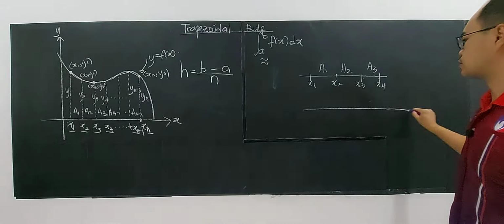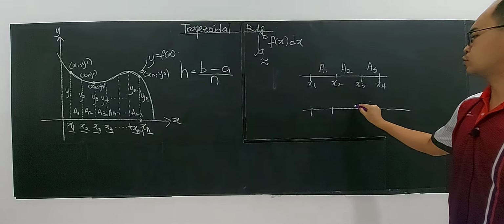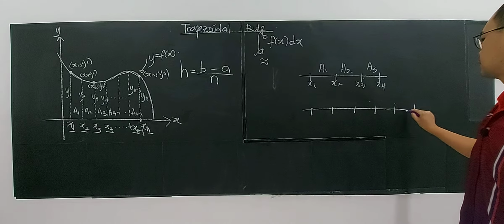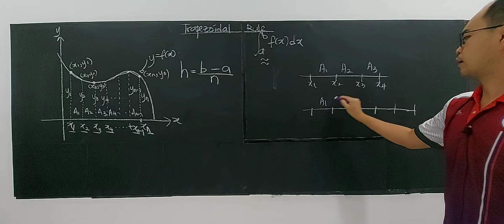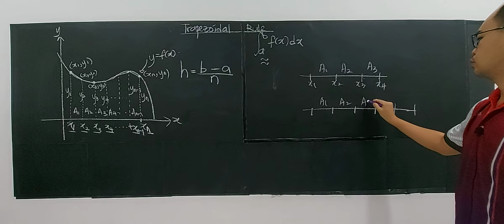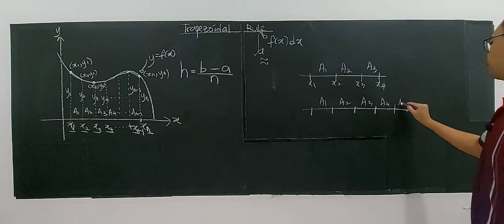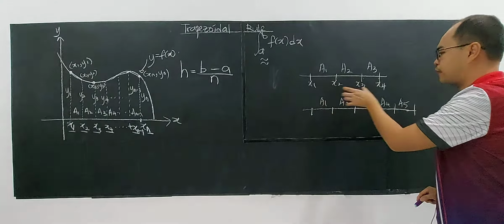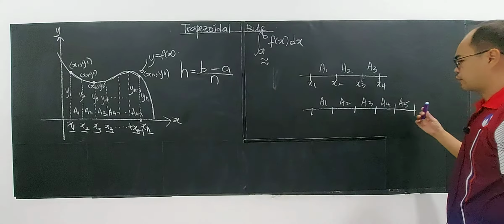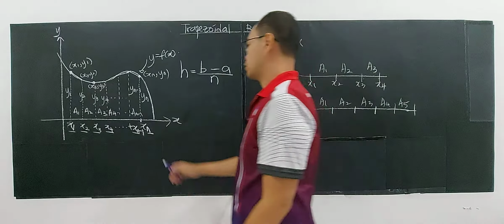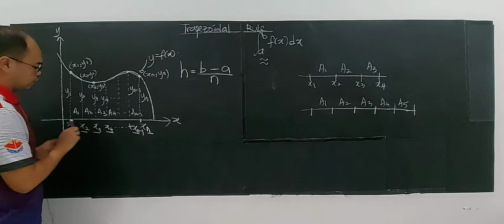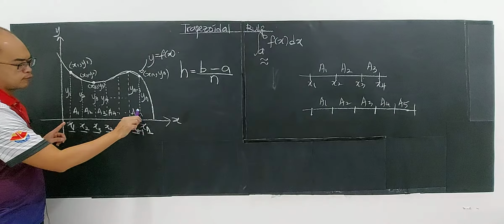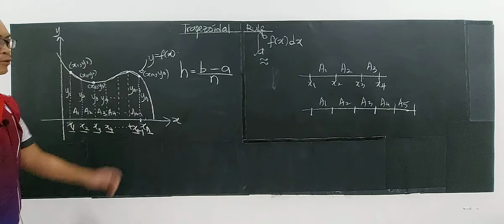If you have 6 ordinates, 1, 2, 3, 4, 5, 6, then you will have 5 strips, or 5 intervals, or 5 trapezium that can be drawn. So if you have n ordinates from 1 up to n, you have n minus 1 trapezium that you can draw.